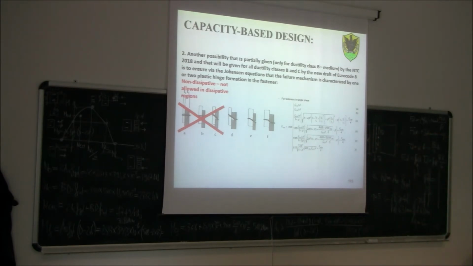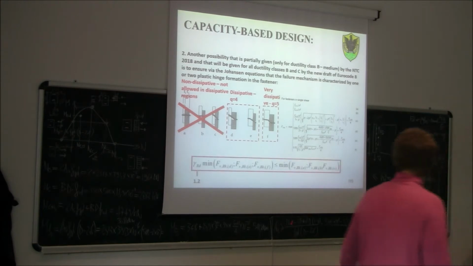Okay? Instead, if we have a failure mode characterized by one plastic hinge formation, then we can use a Q factor of 4. If we have two plastic hinge formations, then we can use a Q factor of 5.